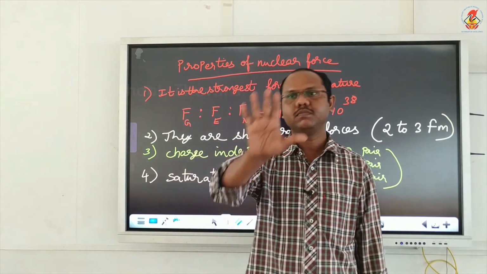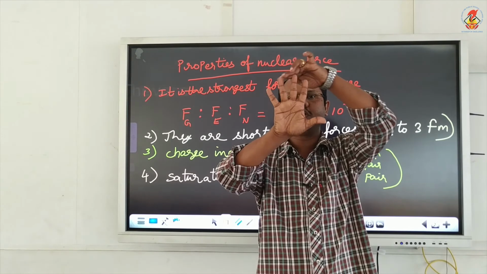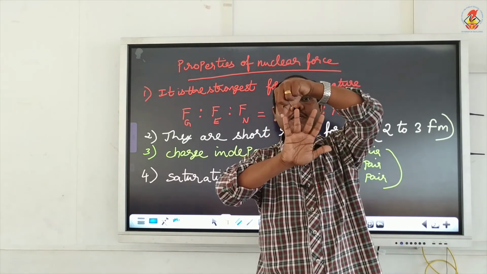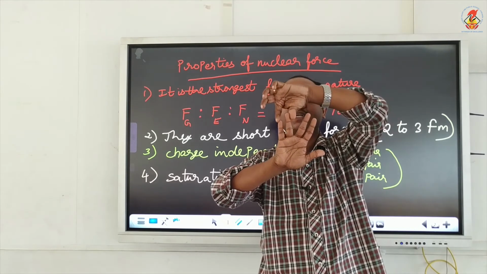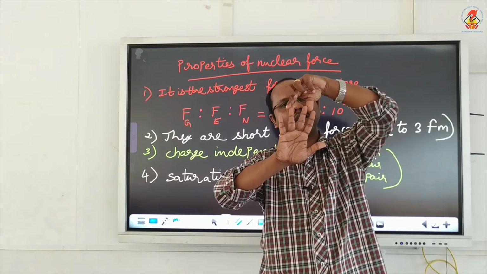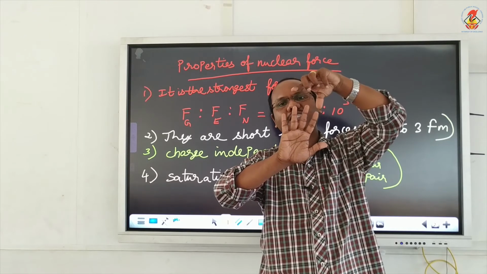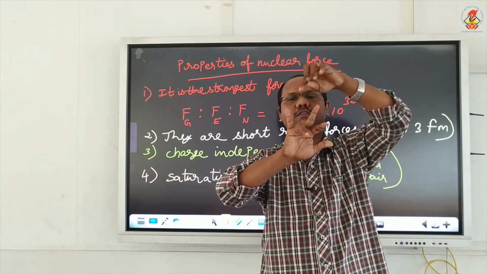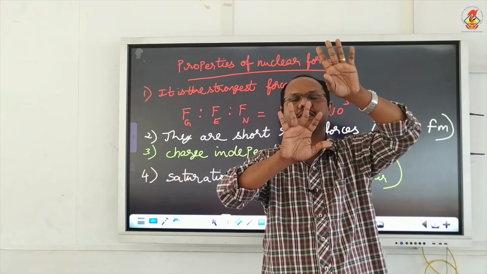For example, imagine 5 nucleons are like this. This nucleon and this nucleon will have an attraction force. The second and the third nucleon will have attraction force, but the first and the third will not have any attractive force. First and third will not attract.